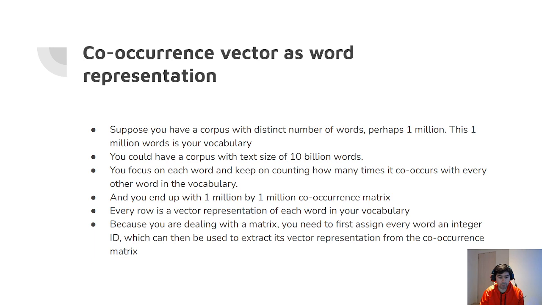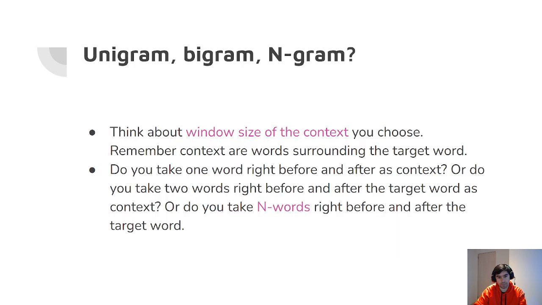Every row becomes the vector representation of the word. And because you're dealing with a matrix, you need to assign some integer ID to every word so that later you can extract that particular row number from the matrix. We will see this in a particular example later. We already mentioned unigram, bigram, n-gram.